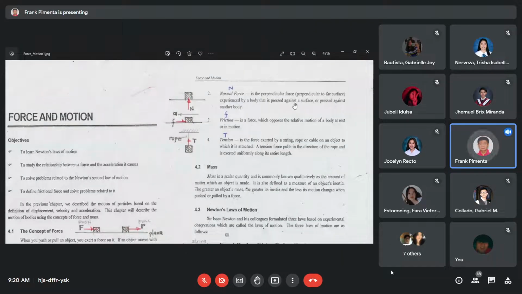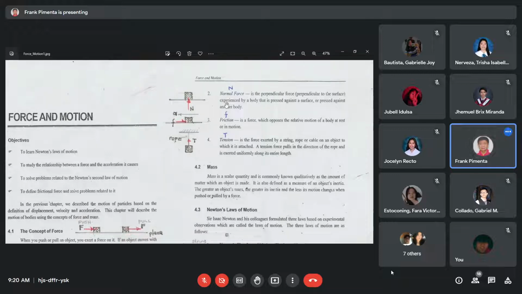So to understand the definition, it is suggesting there should be two surfaces or two bodies whose surfaces are pressing against each other. What is written here: experienced by a body that is pressed against another body.